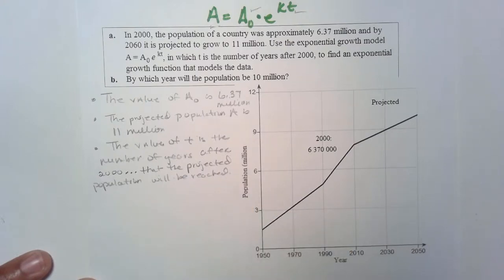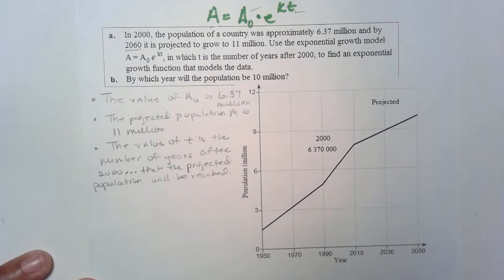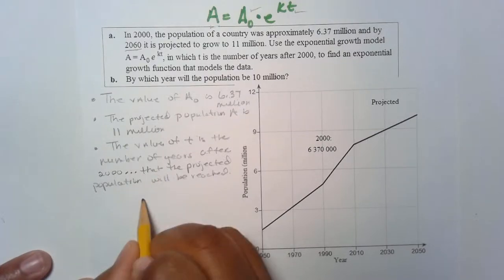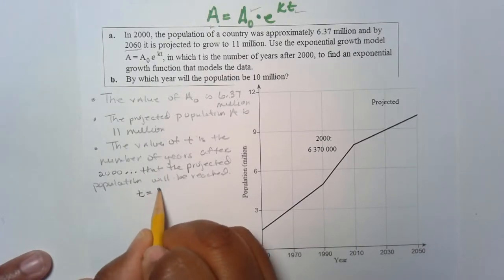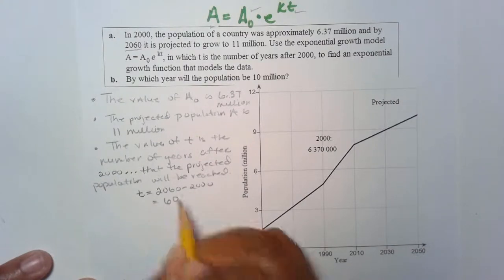You see where it says 2060, we subtract 2000 from 2060. So our t is 60.